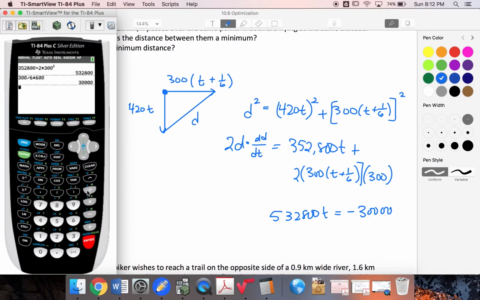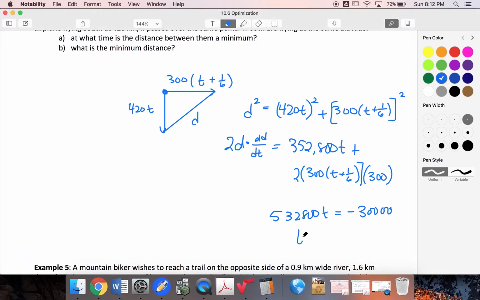Great. And now I'm going to divide that by this number, and I'm going to simplify the fraction, and I get 25 over 444, but negative 25 over 444.